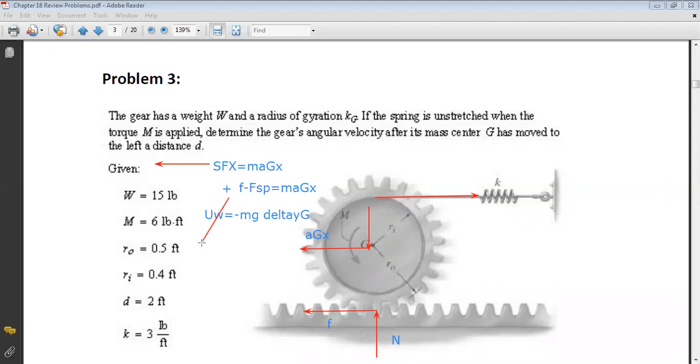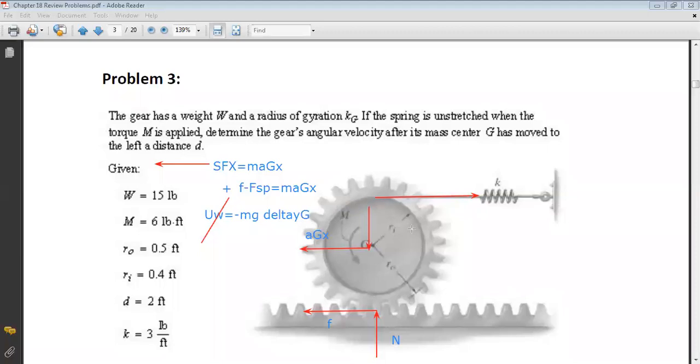Because here, what is driving my motion is the couple. The couple is driving rotation, okay? And as you can see here, friction will tend to drive translation of G, while it will try to what? To oppose rotation of the gear. Because look, M is in which direction?